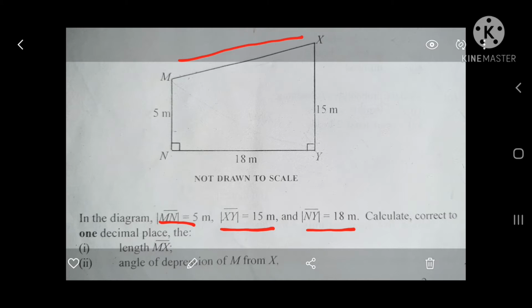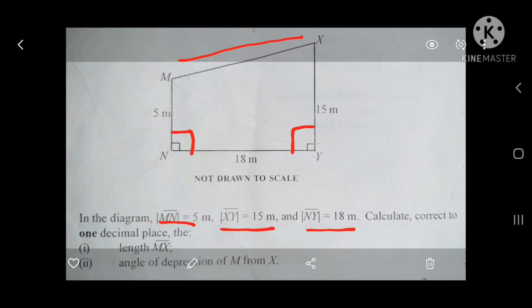Now, starting with the length MX, we have been given from the diagram that the angle MNY, which is 90 degrees, is equal to the angle XYN, which is also 90 degrees.